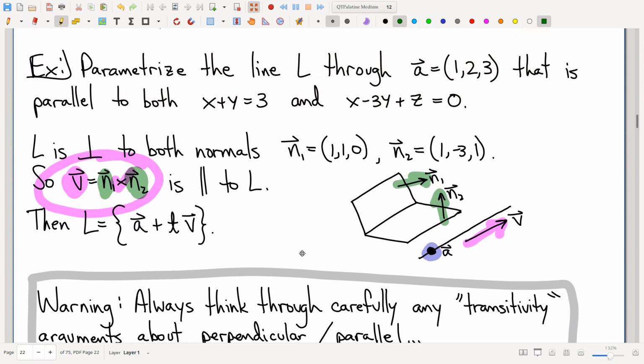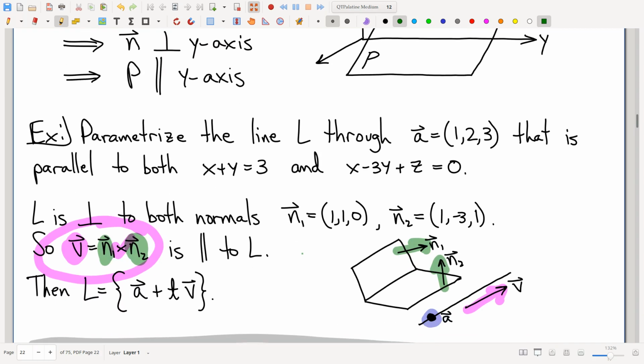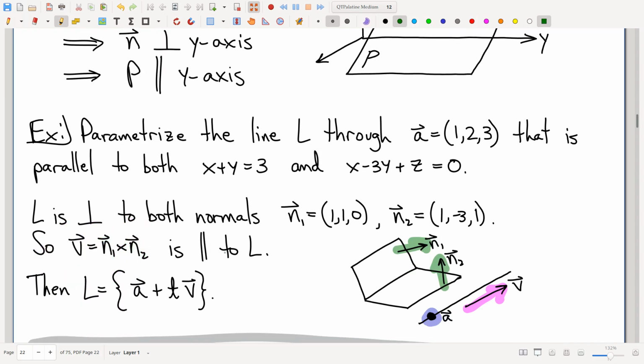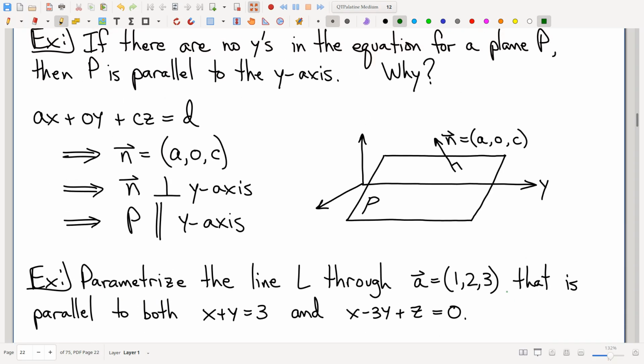Okay. Cool. So, now in both of these arguments I made, there's a certain common feature to the reasoning that I used here. I argued that if this is perpendicular to that, and if that is perpendicular to that, the knee bone's connected to the leg bone's connected to the hip bone. You know what I mean?